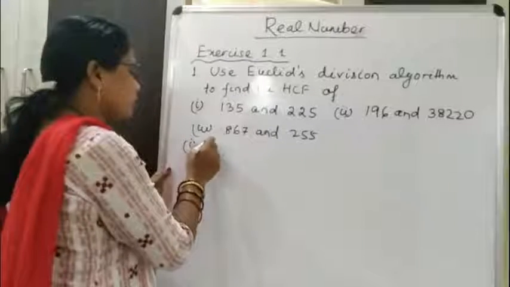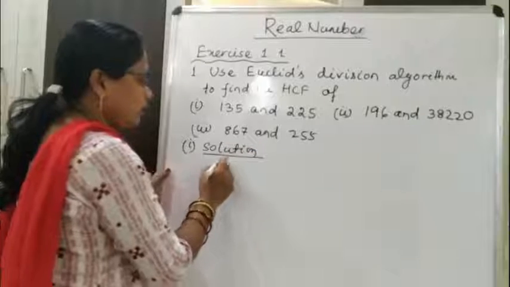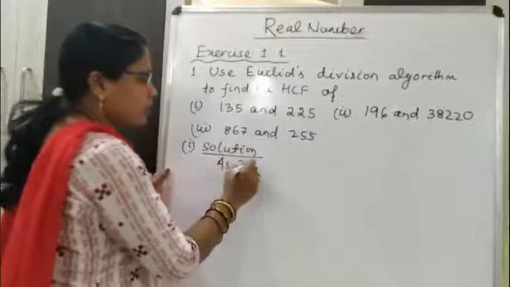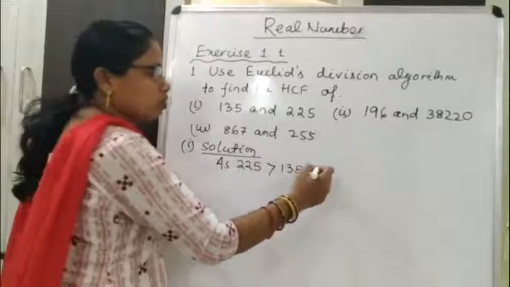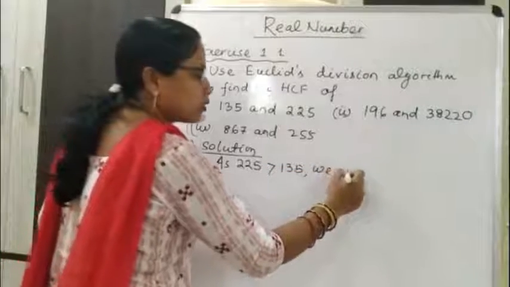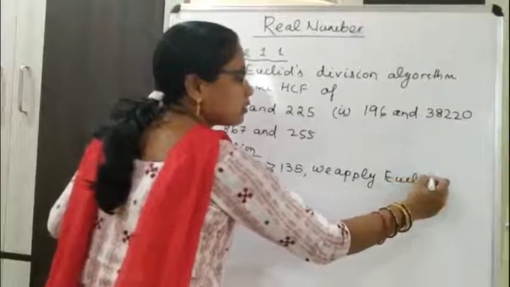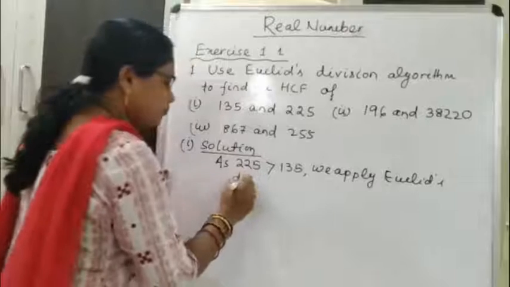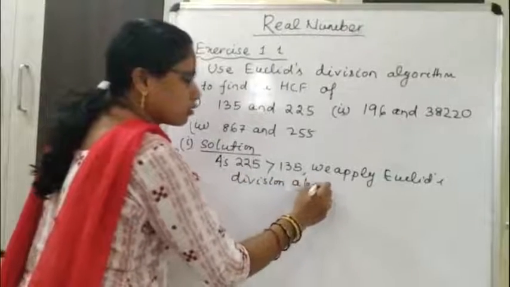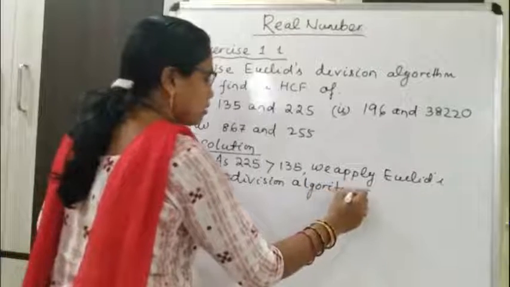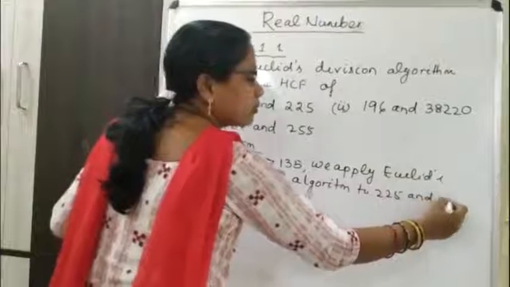So the solution is: 225 is greater than 135, so we apply Euclid's division algorithm to 225 and 135.